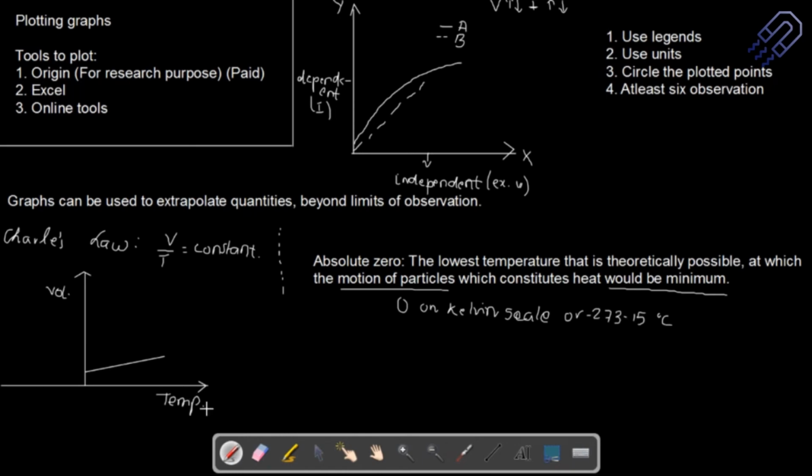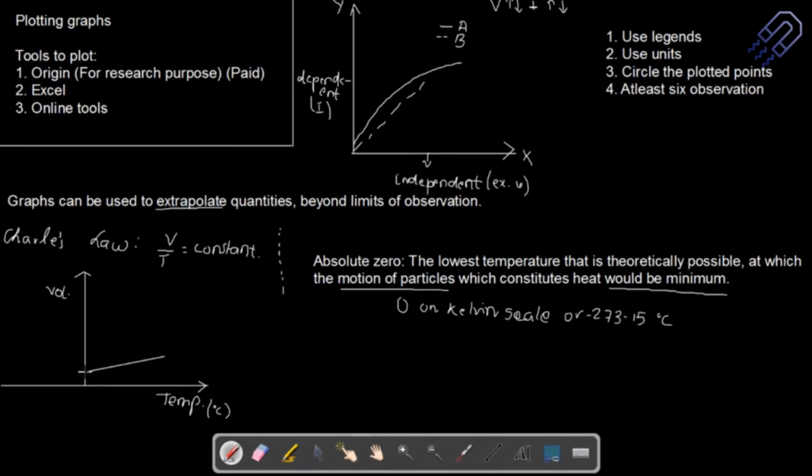Now if you are plotting the graph in degree centigrade, we can use the word extrapolation. Let's say we have data up to some point, and we know that volume and temperature are directly proportional to each other.